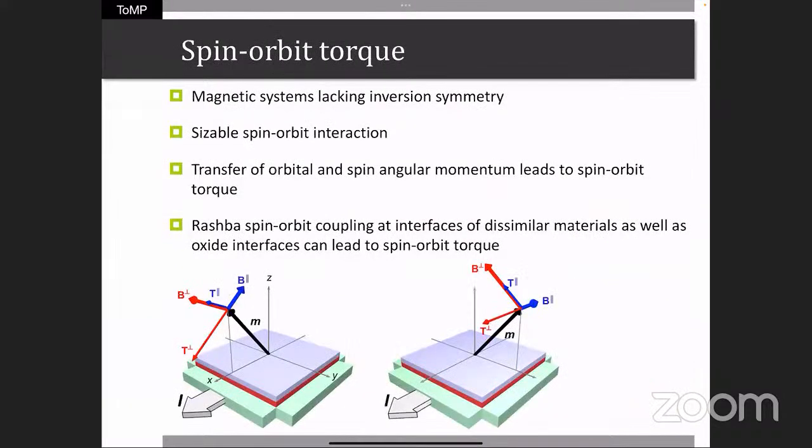So if we have chiral spin arrangement, we can have spin orbit torque. What is spin orbit torque? For that, we require magnetic systems lacking inversion symmetry and some chiral spin arrangement, which can be stabilized by sizable spin orbit interaction. And in that kind of situation, we can have an electric current passing through the system and an electric field.